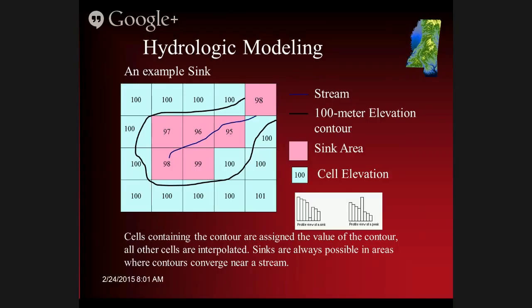Sometimes companies that produce digital elevation models will, if asked, produce a hydrologically valid digital elevation model. What that means is that they'll remove any feature that allows water to flow underneath it, like freeway overpasses.